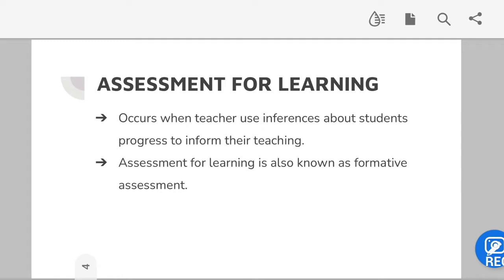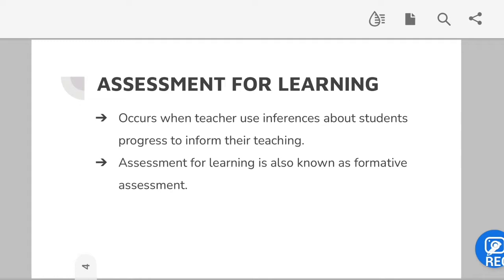Assessment for learning is a very important assessment because it is the test which is conducted each and every day in the classroom. For example, if the teacher wants to introduce a new topic, she has to know what previous knowledge the students have.